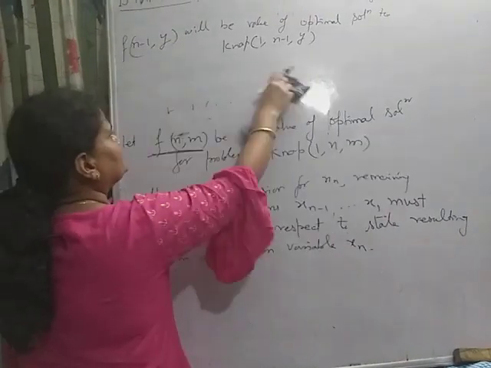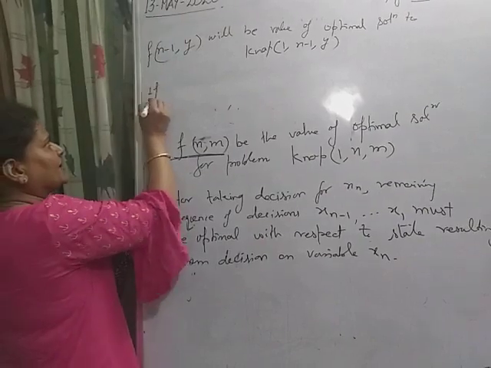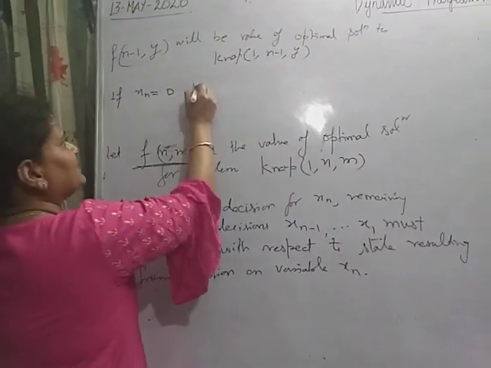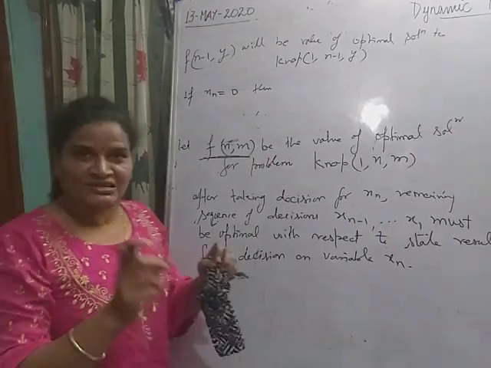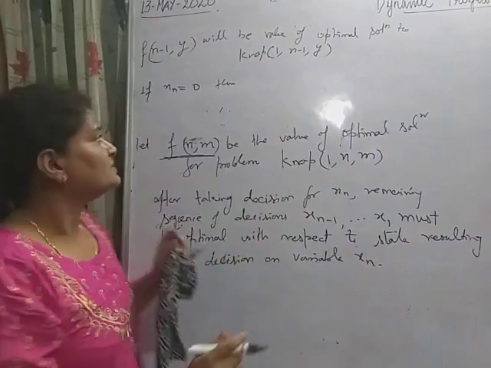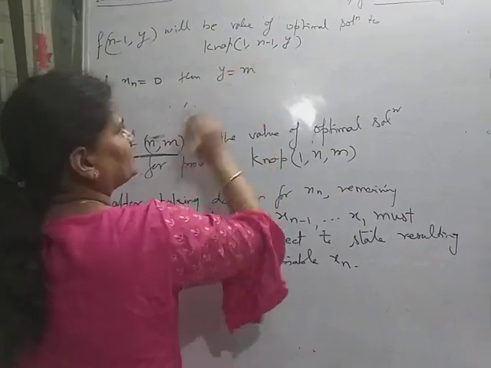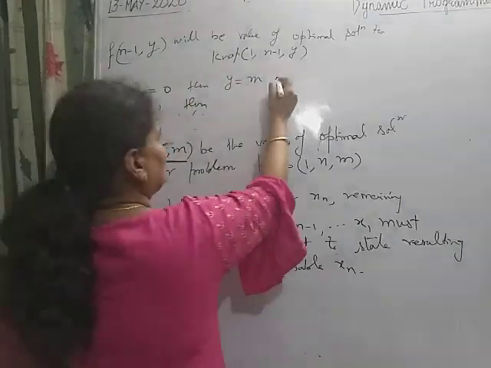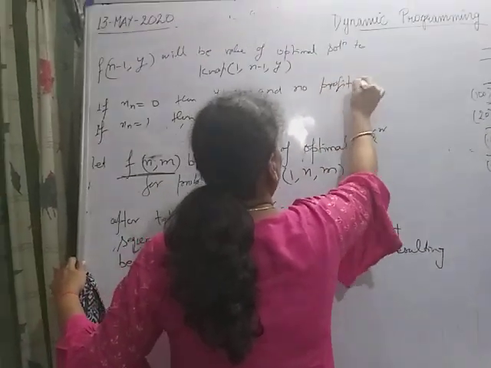So here there are two choices: either the value of xn is 0 or 1. If xn is equal to 0, it means the nth object is excluded. When we exclude the nth object, there is no profit earned and the capacity remains the same, so y equals m.